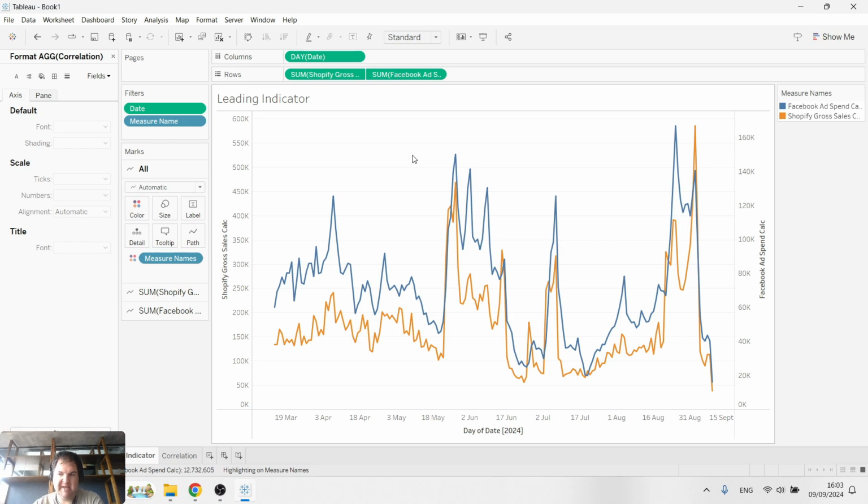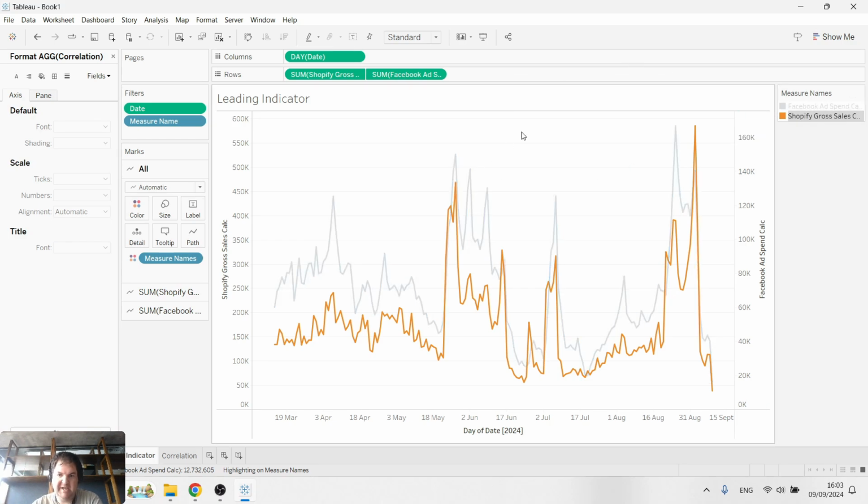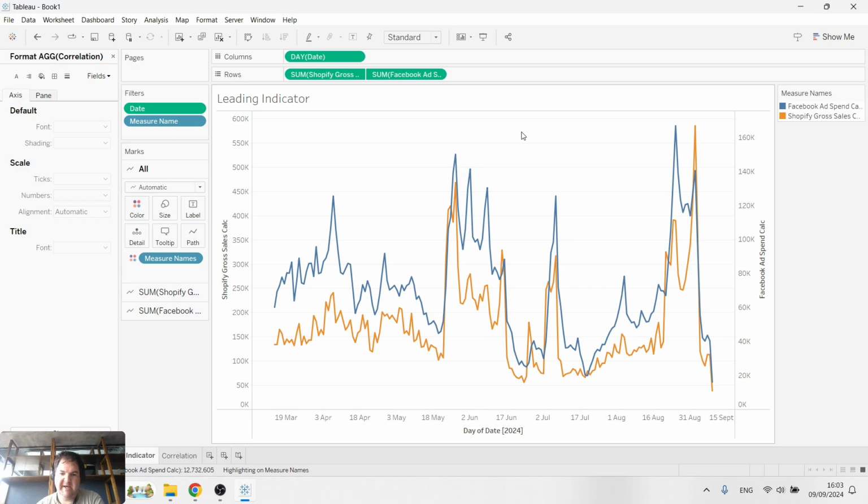Now, this happens to be data of an e-commerce business, a Shopify business. And we know that many Shopify businesses drive most of their new business using advertising. So in this example, we know that Facebook ad spend is a leading indicator to revenue. In other words, we know that when an online business spends more with its advertising, typically its revenue will go up.